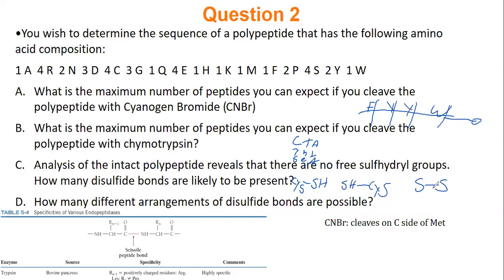Who's good with math and can figure that out? 16?